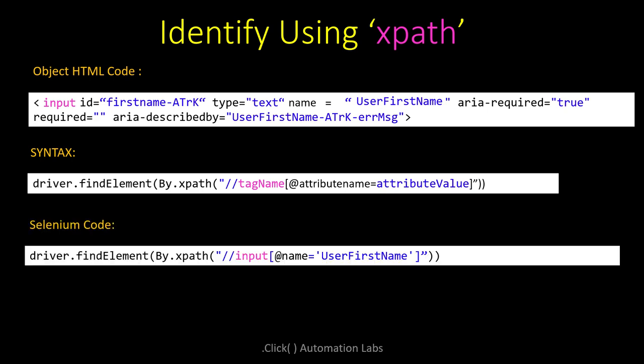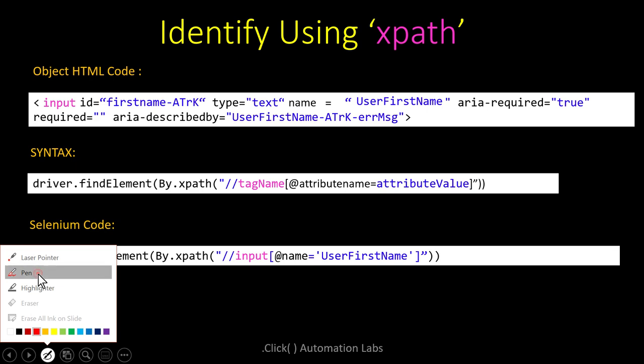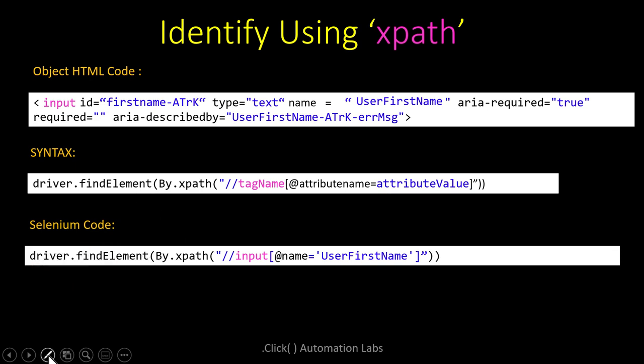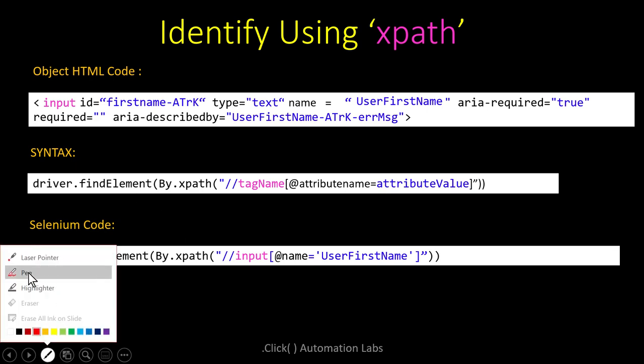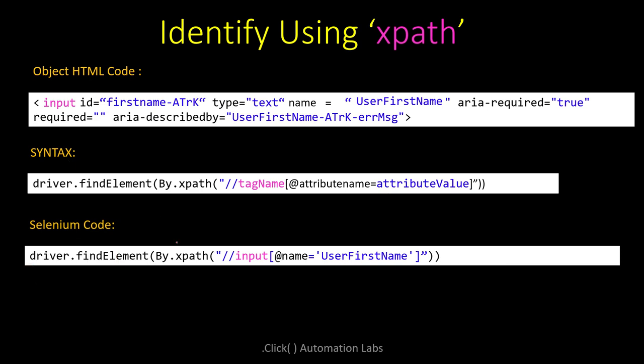So let's see one example over here. This is how it works. This is the method by XPath, and the tag name is input, which is the tag name I used. You need to use the attribute name and value.